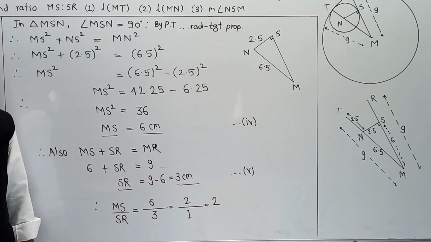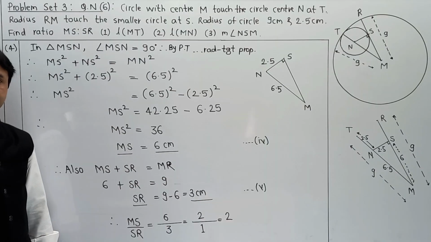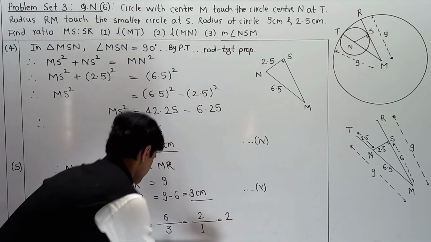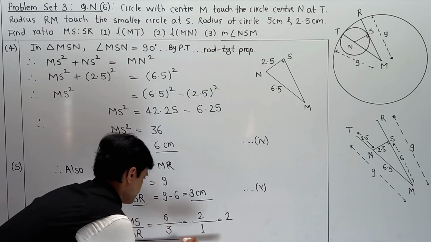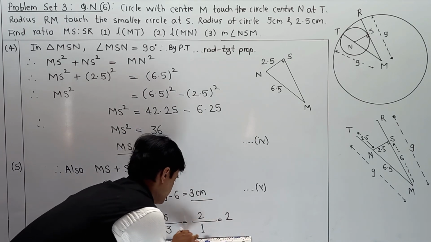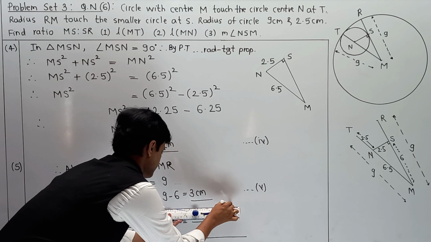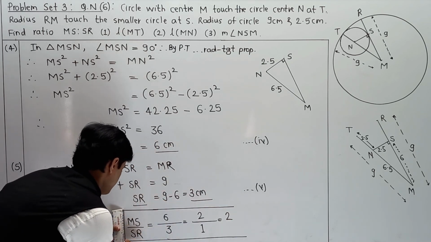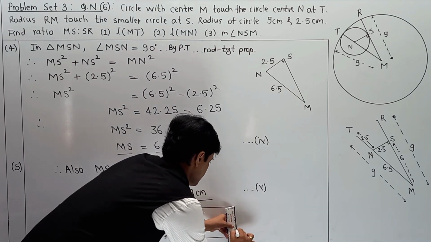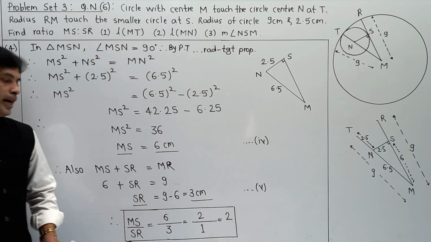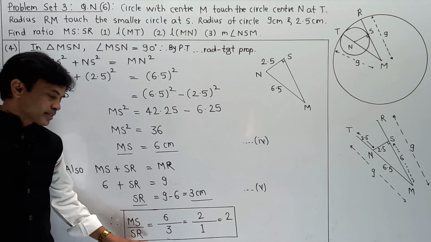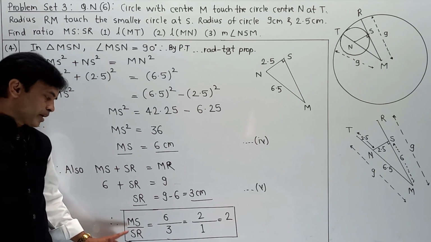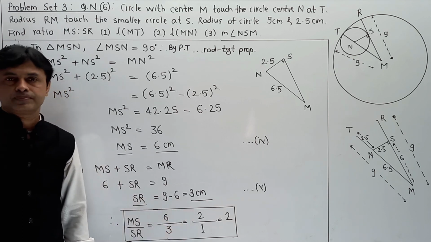And this is your final answer. And as it is a final answer, please make a box around it. And in this way, the ratio of MS is to SR is 2:1.